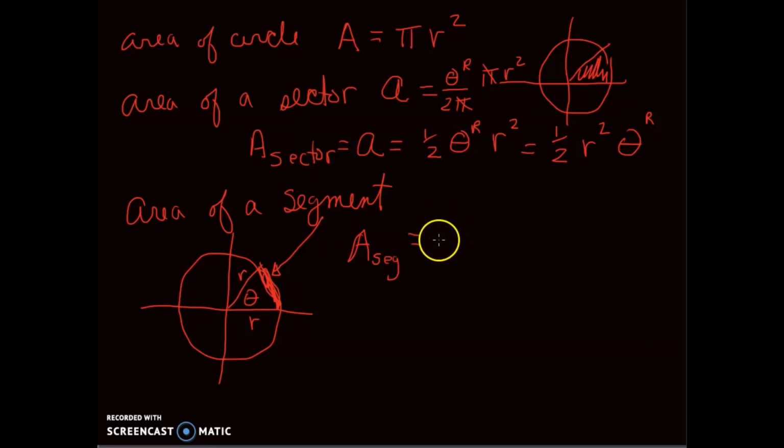So this segment: if I take the area of the sector, which is this whole pie, including the crust, and subtract the area of that triangle, the one that uses the 2 radii and the chord here, then I will have what's left, the area of that segment.